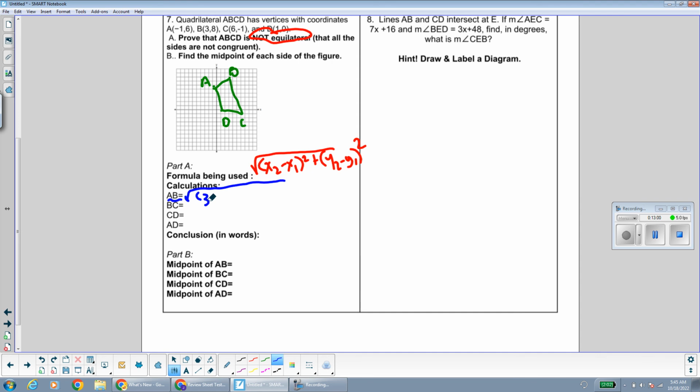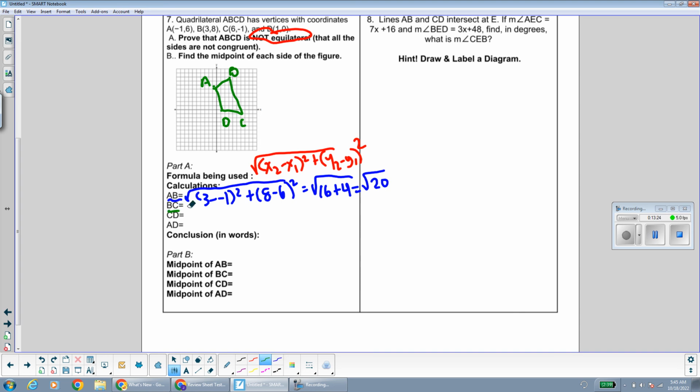3 minus -1 squared plus 8 minus 6 squared is equal to 4 squared is 16, 8 minus 6 is 2 squared is 4. Radical 20.